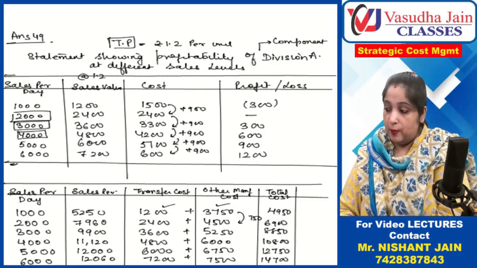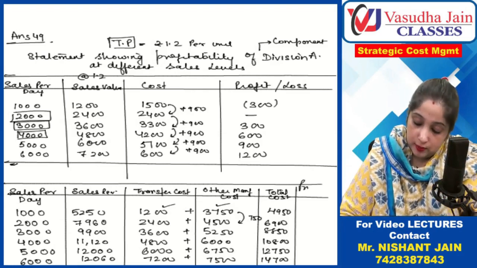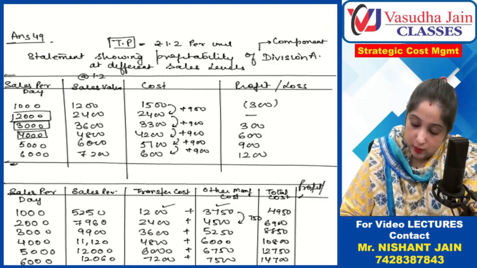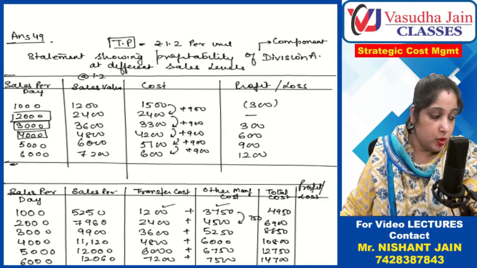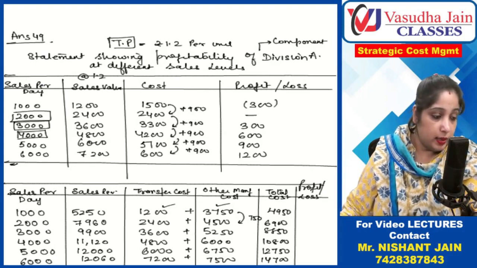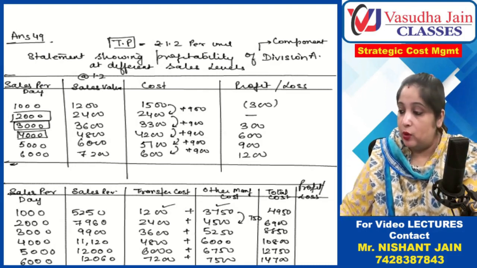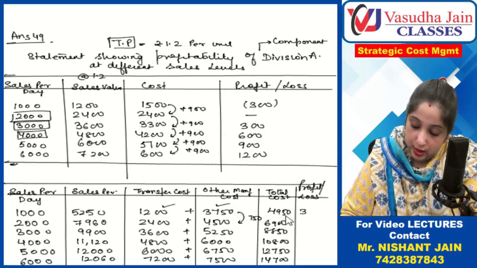And how much is the profit or loss? Please observe profit or loss. It is in the first case 5250 minus 4950, so you get 300.